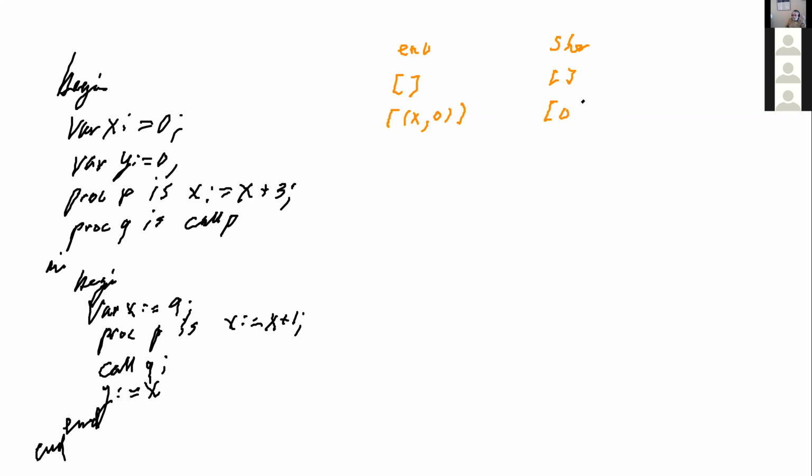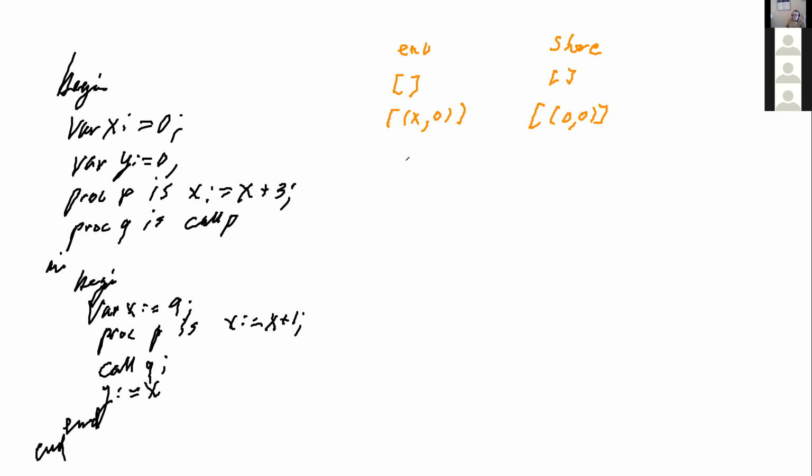Is this notation making sense? I'll make it a pair so that you don't think there's something different between here. So this is the store, and this is the environment.